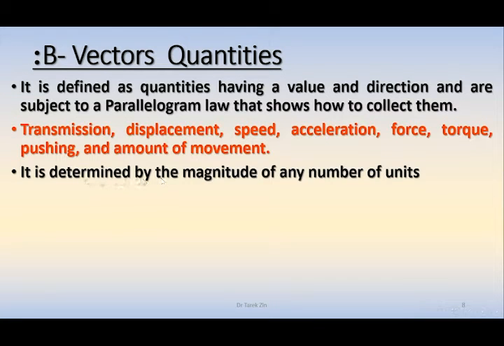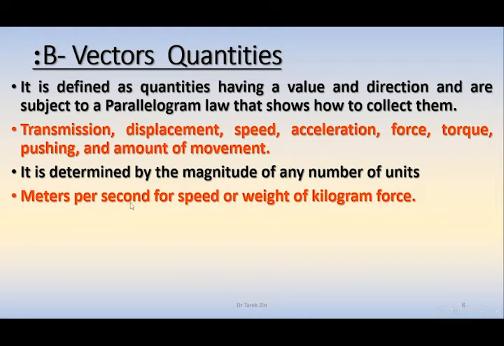It is determined by the magnitude in any number of units: meter per second for speed, kilogram weight for force. This means we take the mass of the body, how many kilograms this body has, and what the gravity is for it.